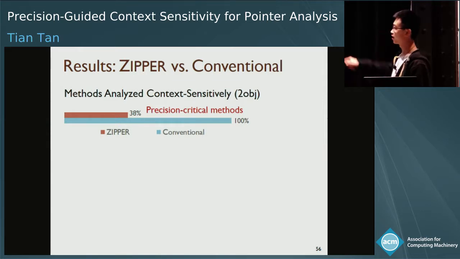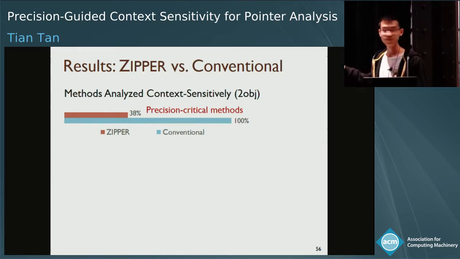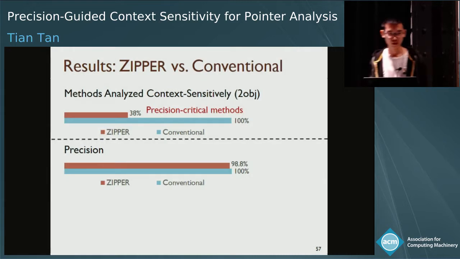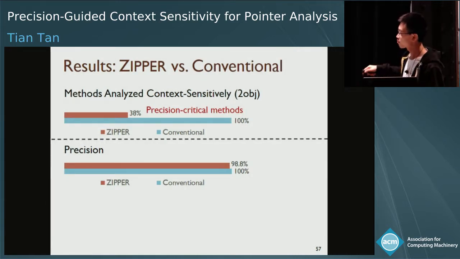Firstly, Zipper identified 38% of methods as precision-critical methods. So Zipper applies CS to only these methods, while conventional analysis applies CS to all the methods. So how about precision? We use conventional analysis as the baseline. Although Zipper applies CS to only 38% of methods, it can achieve 98.8% of the precision of the baseline.